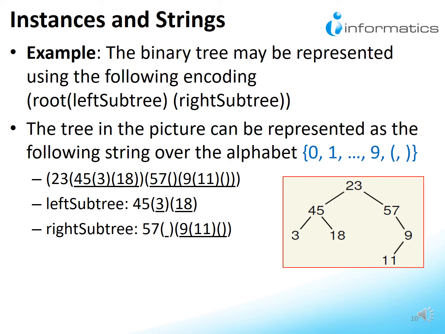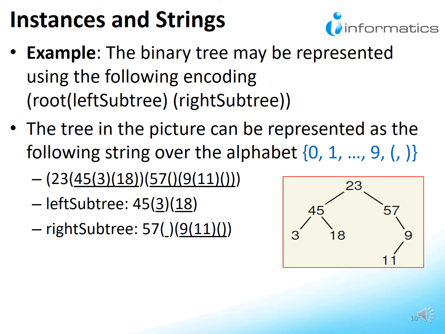You may think that a string is a one-dimensional data structure. It cannot be used to encode a complex data structure, such as a binary tree. However, with proper use of parentheses, you can encode any complex data structure. For example, this binary tree, rooted at 23, with left subtree and right subtree, can be encoded in this format: the root, and in parentheses the encoding for the left subtree, and in parentheses the encoding for the right subtree.